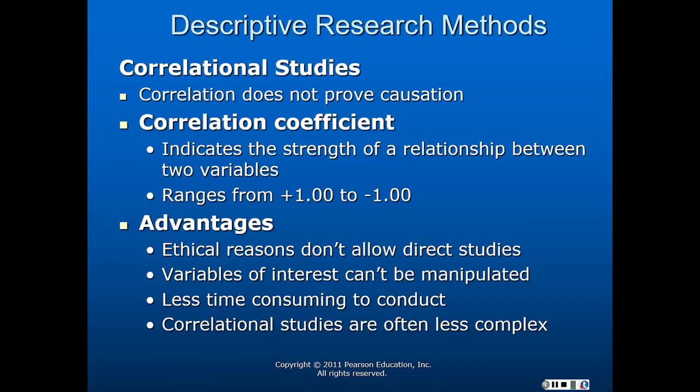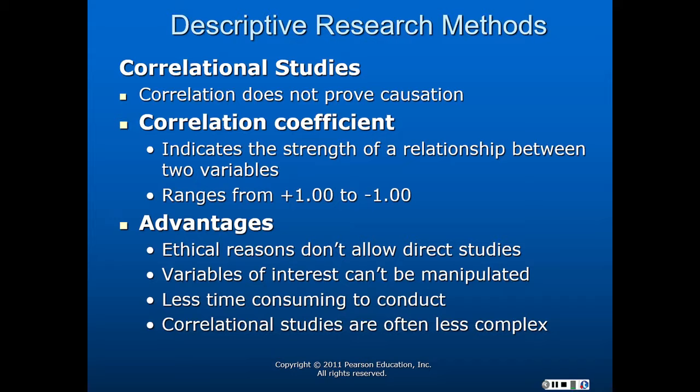If we know that some form of a substance is going to provide harm to a patient, to a subject, then we can't do a direct study on that. However, if a person is already participating in that unhealthy behavior, we can then conduct a correlational study on the different variables. So that provides some form of insight.